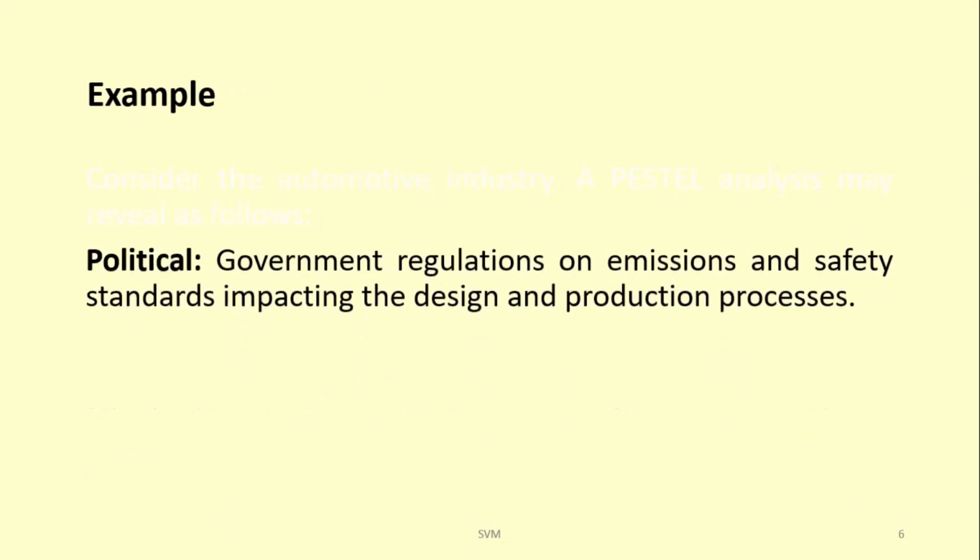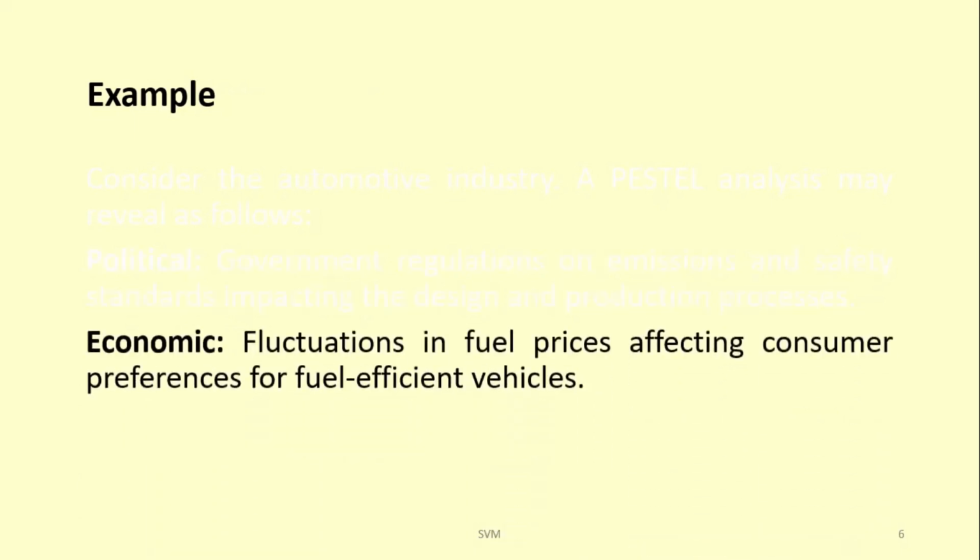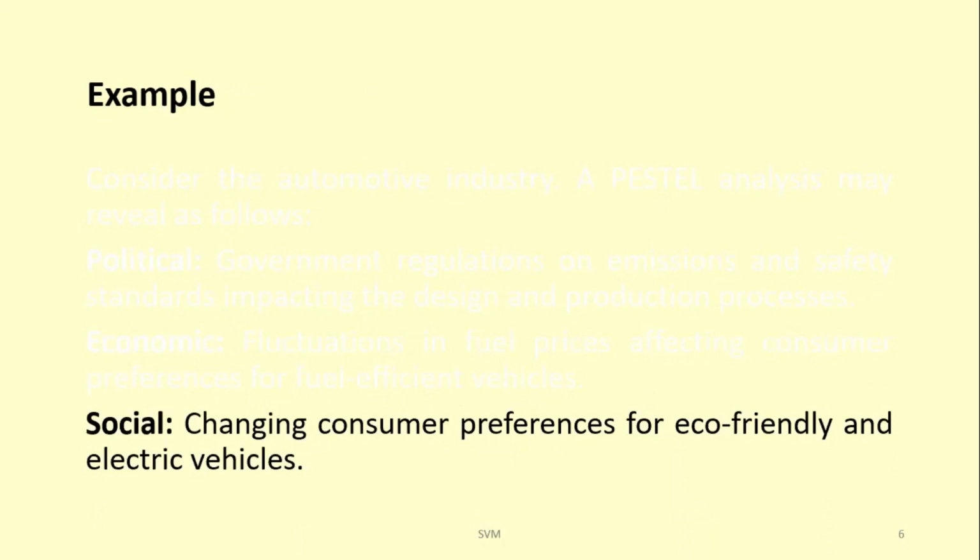Consider the automotive industry. The PESTEL analysis may reveal as follows. Political: government regulations on emissions and safety standards can impact the design and production processes. Economic: fluctuations in fuel prices will affect consumer preferences for fuel-efficient vehicles. Social: changing consumer preferences for eco-friendly and electric vehicles.